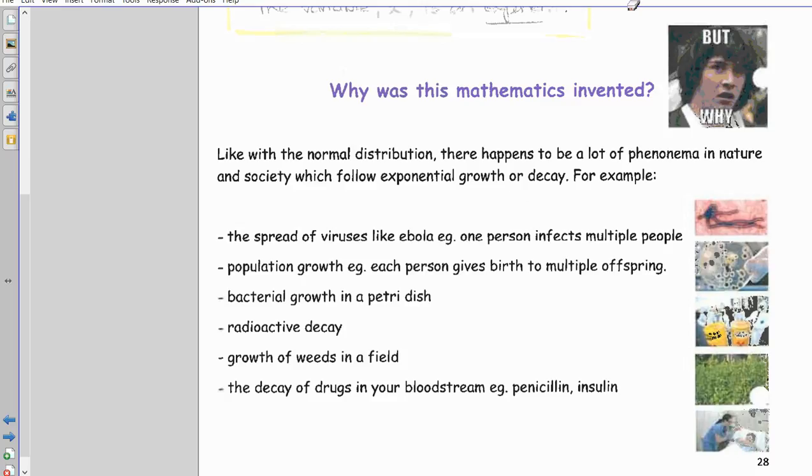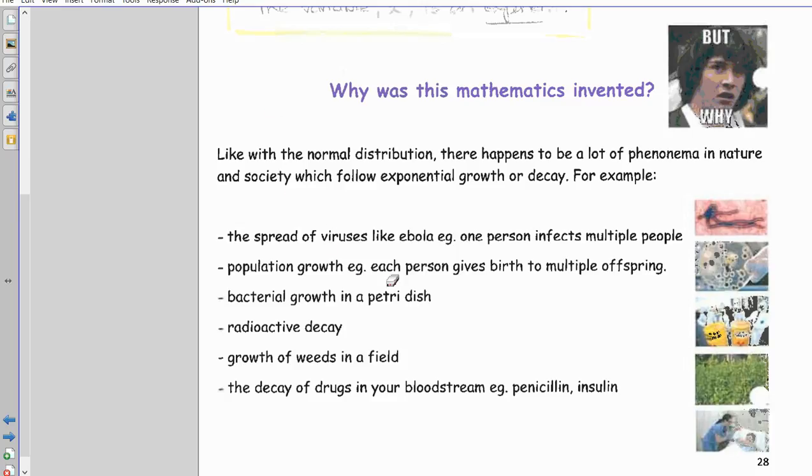Radioactive decay decays rapidly and then really slowly towards the end. Growth of weeds in a field, they grow really slowly and then suddenly bang, they grow really rapidly. The decay of drugs in your bloodstream, that's an interesting one. So if you are injected with penicillin, you've got a lot of penicillin in your blood initially, it decays rapidly, and then it slowly peters off.